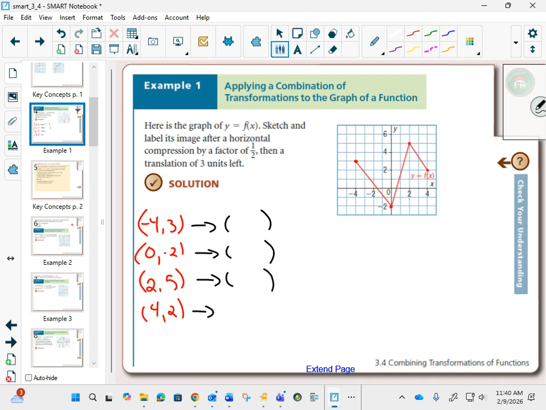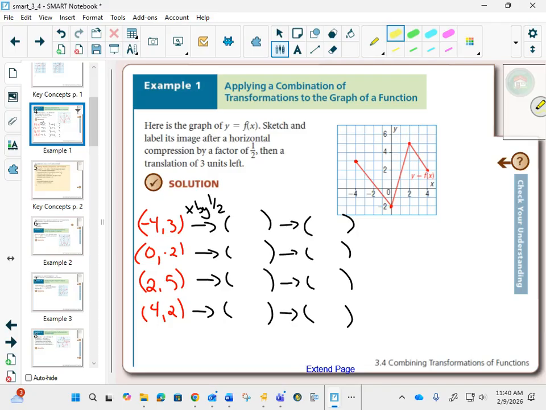We have our stretches and compressions and translations again, so I'll do the double sets. Now, horizontal compression by 1/2. If they tell you what it is, that's what you're multiplying by. Anytime we use this language, by a factor of, that's what you're actually multiplying by.